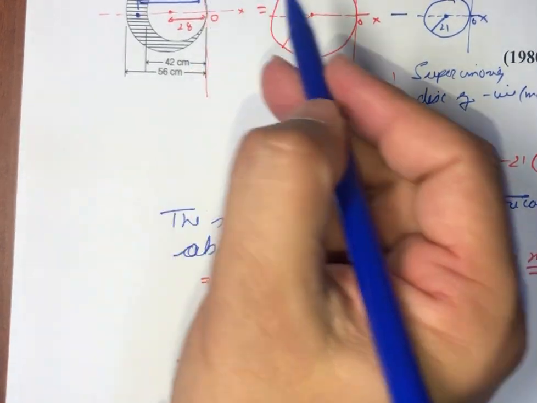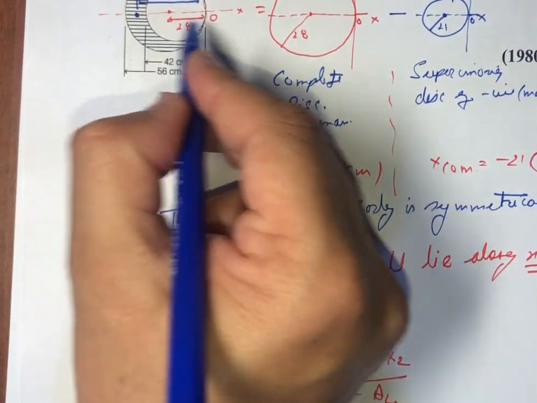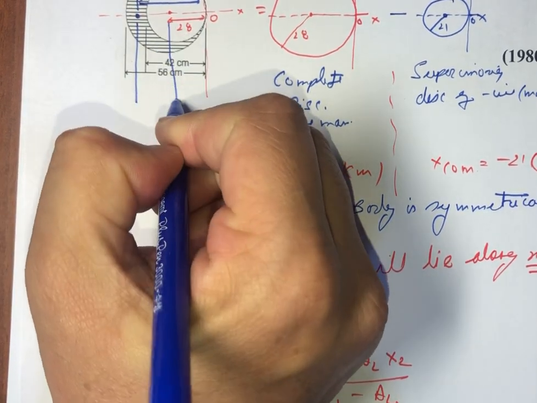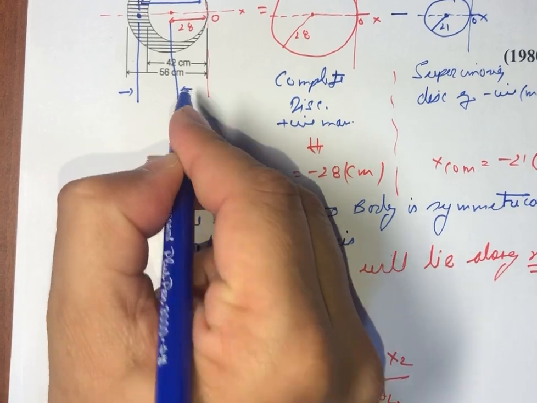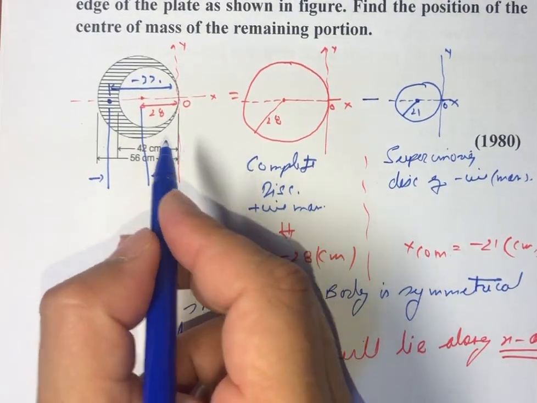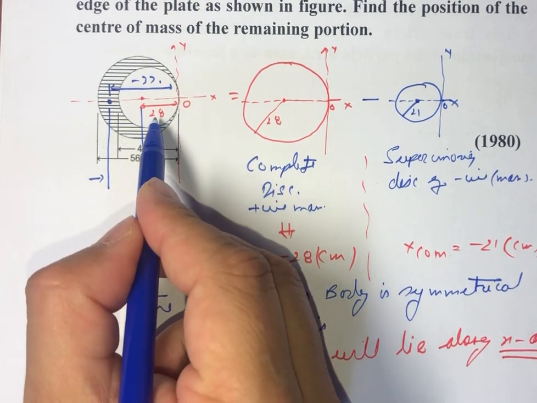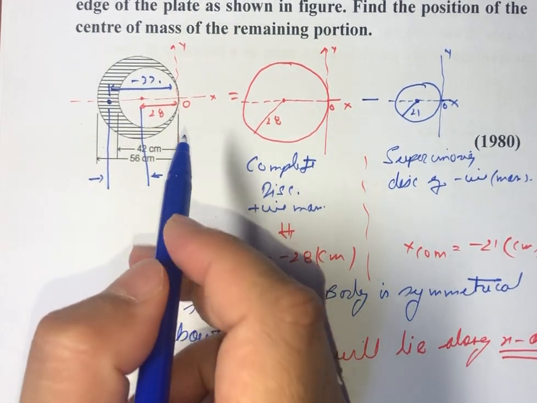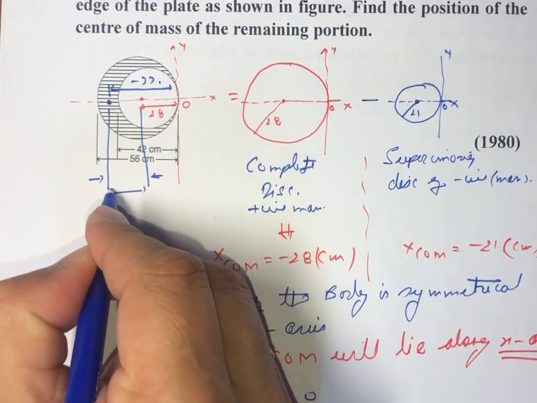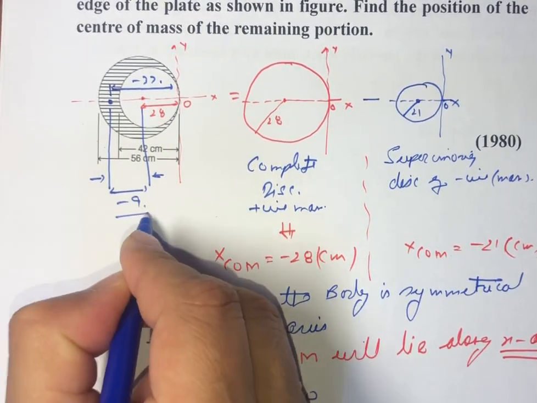Therefore, we can calculate that this length will be coming equal to minus 37 minus of minus 28, and this will be coming as minus of 9.